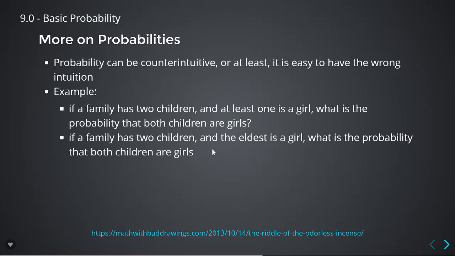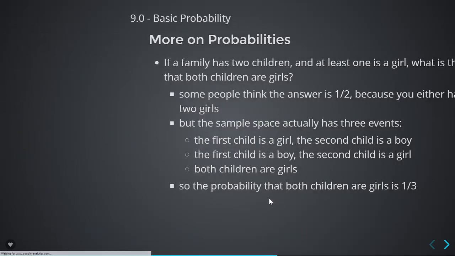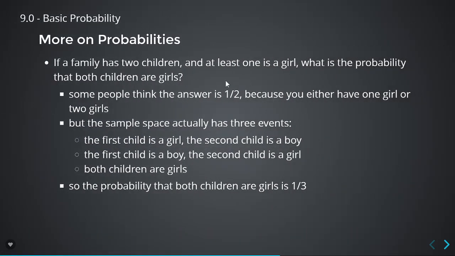So for some reason, a lot of people think the answer in both is the same, and it's 1/2, which is wrong. Well, it's true for one of them. But with the first question, if a family has 2 children and at least one is a girl, what's the probability that both are girls?